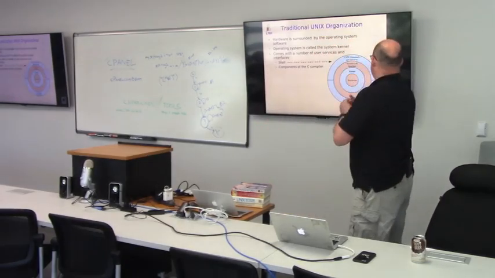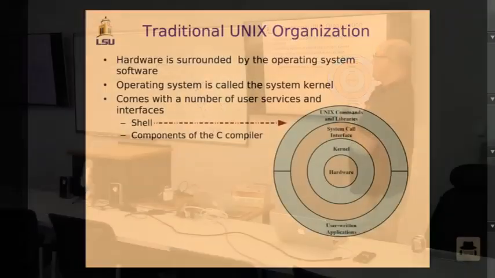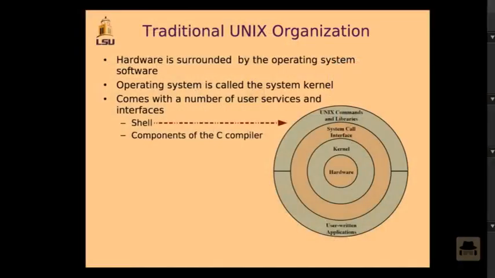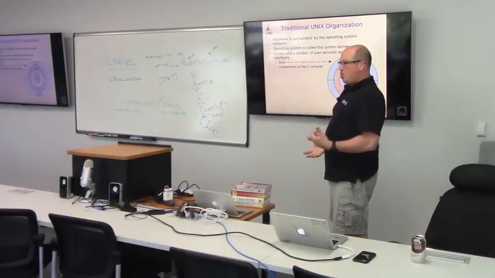Okay, so this is getting more into the architecture of Unix as an operating system. If we start in the middle here, there's the hardware, and that's your bare metal. Around it, the operating system provides a kernel. The kernel is the low-level interface that talks directly to the hardware.